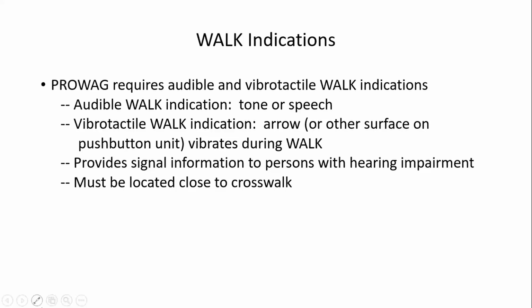That's the individual's cue that the walk sign is on. And this, of course, provides signal information to people with hearing impairment. And the push buttons must be located close to the crosswalk. They are used for location.